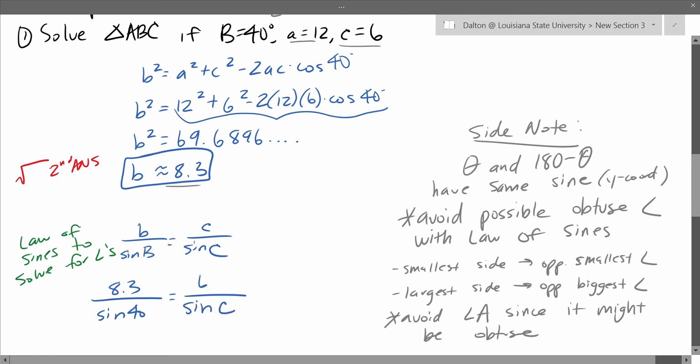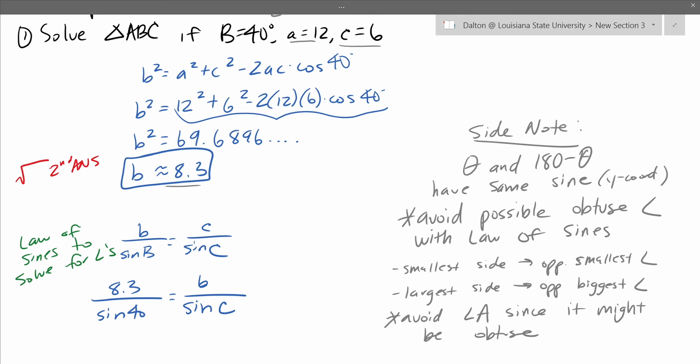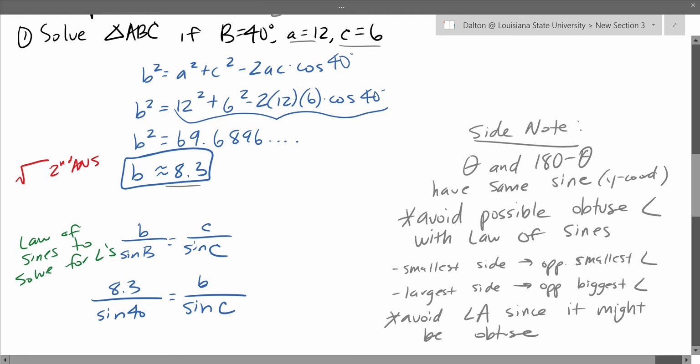To isolate C, you can think about cross multiplying or just multiplying both sides by the sine of C first and simplifying one at a time, however you want to do it.